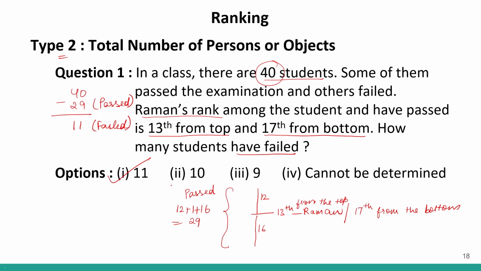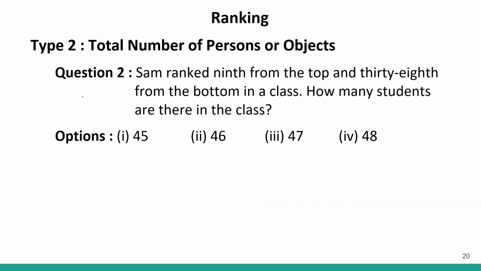Now, moving on to question number 2. Question number 2 says that Sam ranked 9th from the top. So we have 8 people and at the 9th position we have Sam. Then it says that he is 38th from the bottom also.